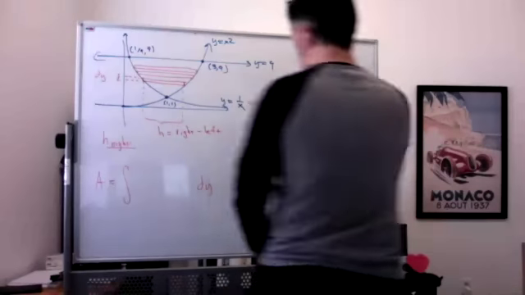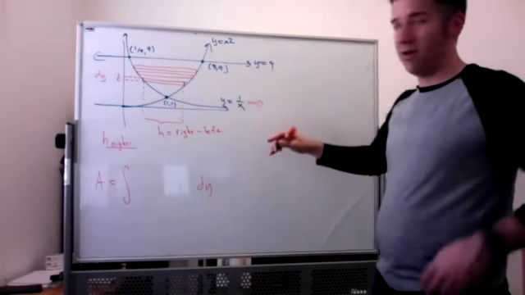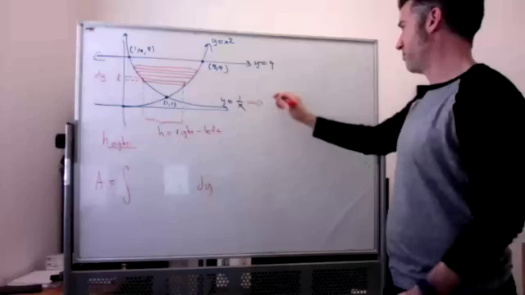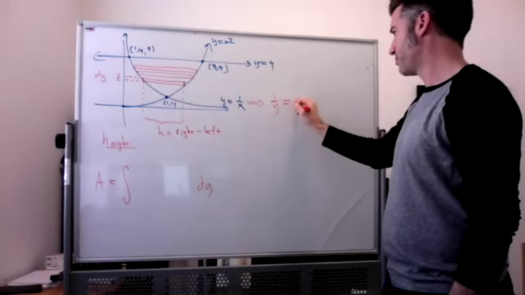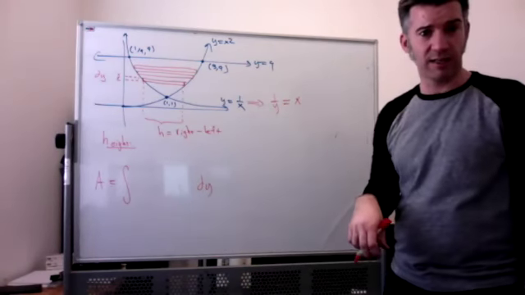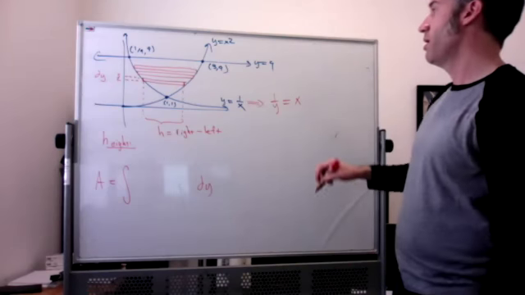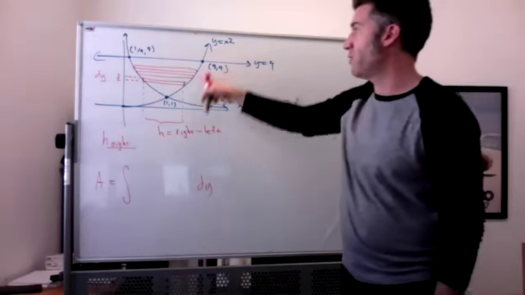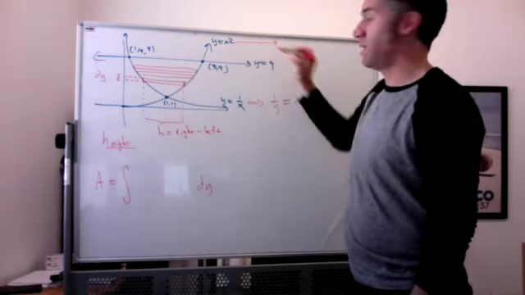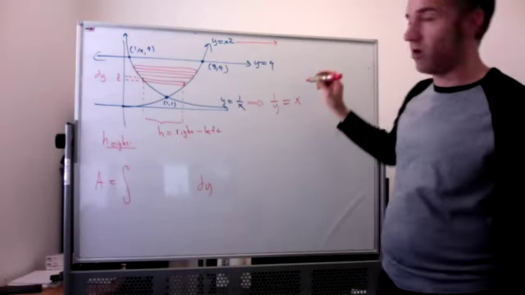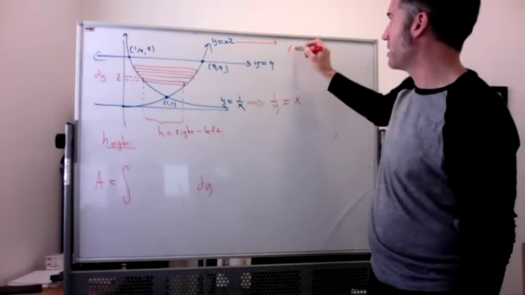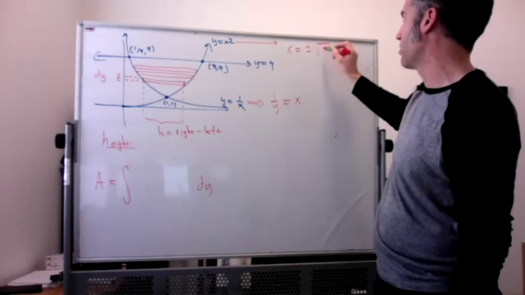And so if y equals 1 over x, I'm going to solve for x. I'm just going to take the reciprocal of both sides. 1 over y equals x, or x equals 1 over y. And then for this function here, I'm going to take y equals x squared and solve for x. Now, when you solve this, you do get x equal to plus or minus the square root of y.